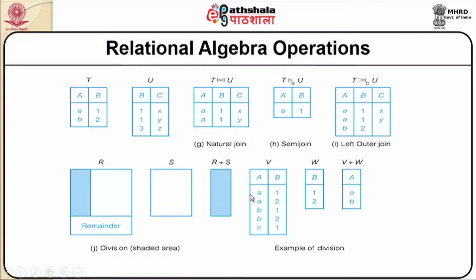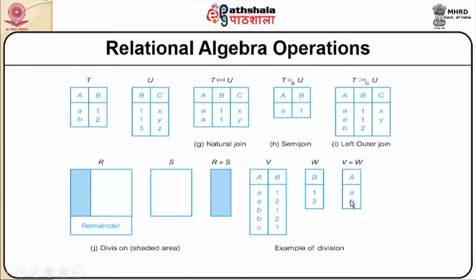And looking at another example of division between two relations V and W, where A and B are the attributes of relation V, B is the attribute of relation W. When I try to divide V by W, then it gives only values of A, and it has not been duplicated, because I have considered B with 1 and 2 values, 1 and 2 values are basically being checked here, 1 and 2 appears with A and 1 and 2 appears with B, but the resultant is to be displayed only once.